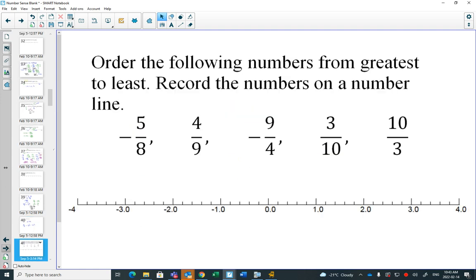All right, next one for you to try. Put all of those in the proper place on the number line. You've already done it? Good. Perfect. Thank you.